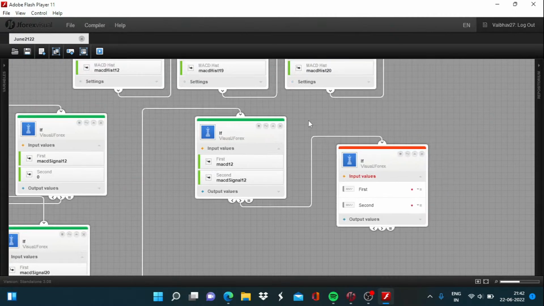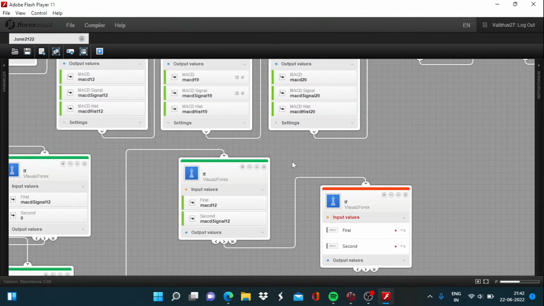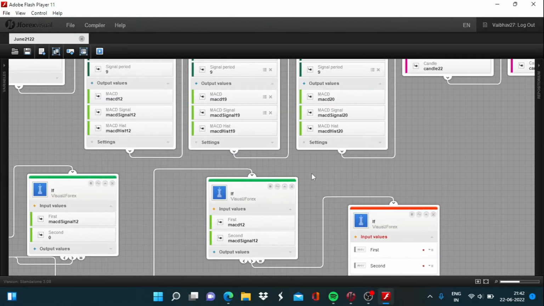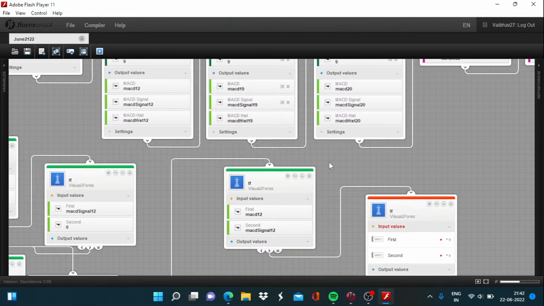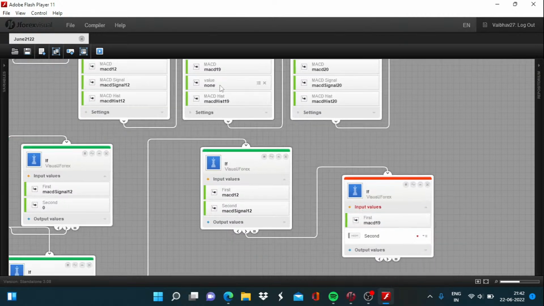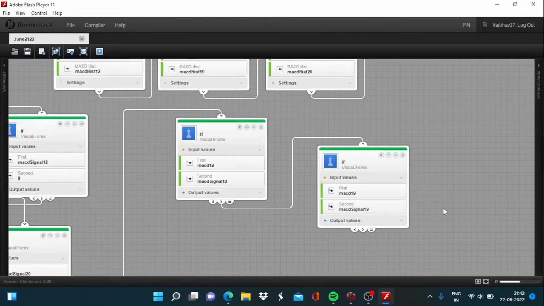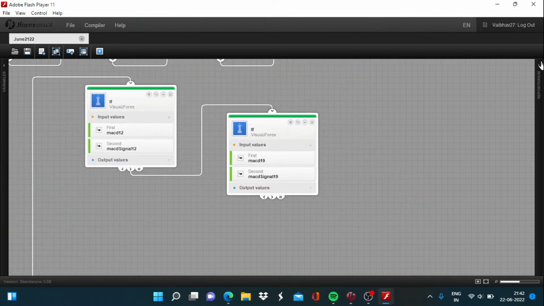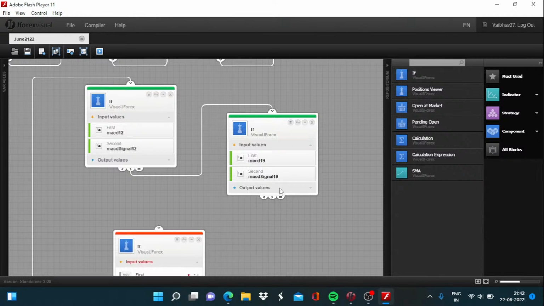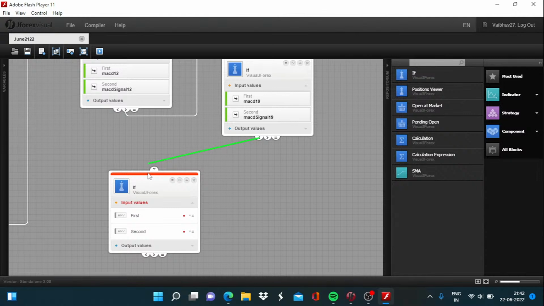And in the prior hour, in the penultimate hour, the second last hour, the MACD line should have been below the MACD signal. So in the last hour, the crossover is happening. After that, we take in the new if else block, first input less than second input.